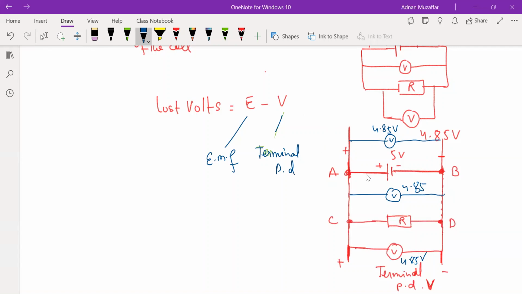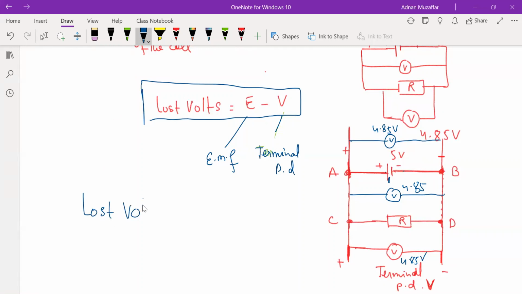It is the potential difference between these 2 terminals, always 4.85, and 0.15 are lost due to the internal resistance of this cell. So we can develop an equation: lost volts is equal to EMF minus terminal PD.